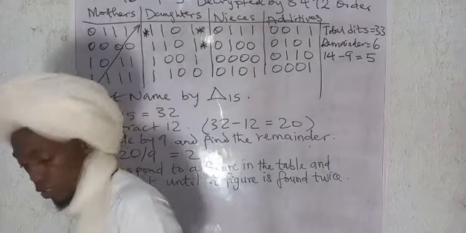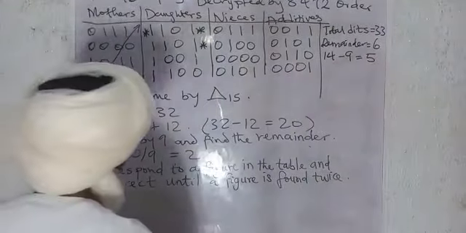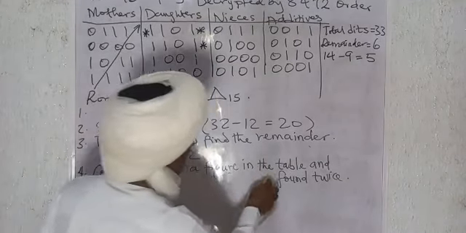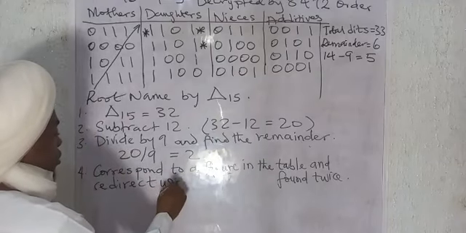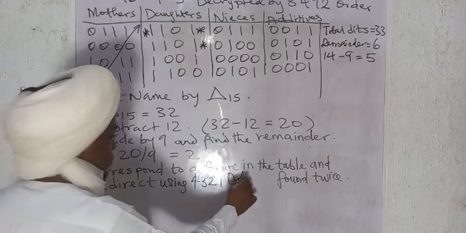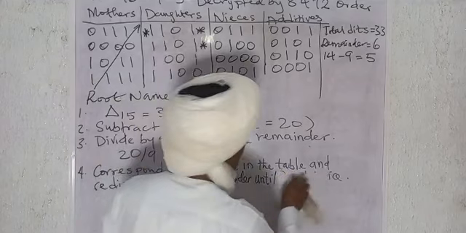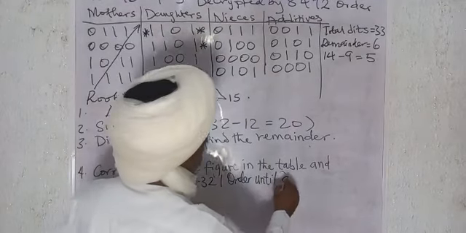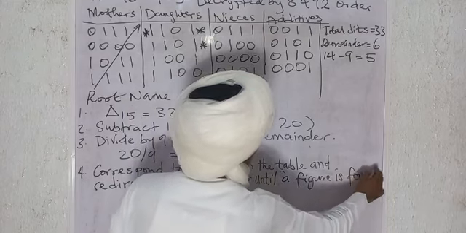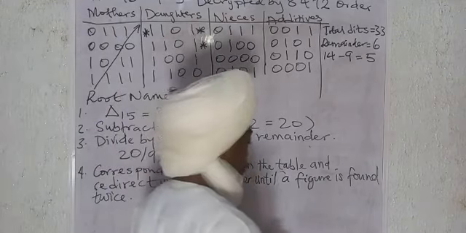Now what that means is, using redirect, using the order you are going to use for redirection, using 4, 3, 2, 1 order, until a figure is found twice. Now let's do that.